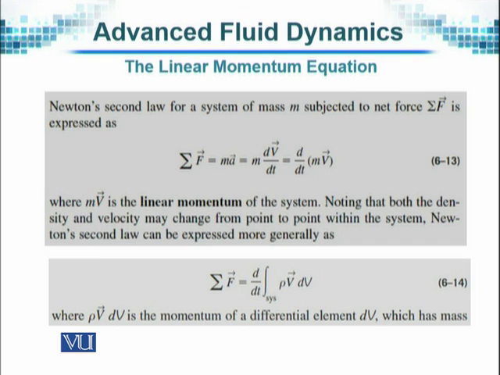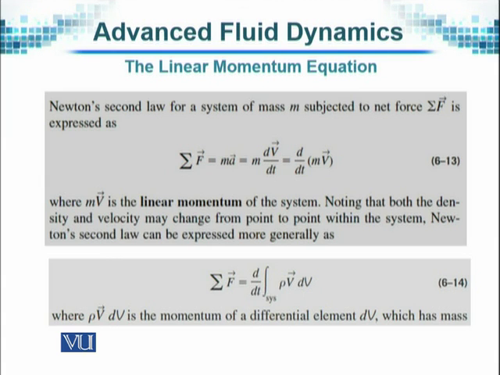But since this is acceleration, this can be written as the rate of change of momentum. Sometimes m into v is called simply momentum or linear momentum, because it acts linearly.